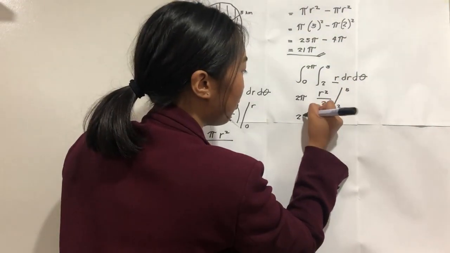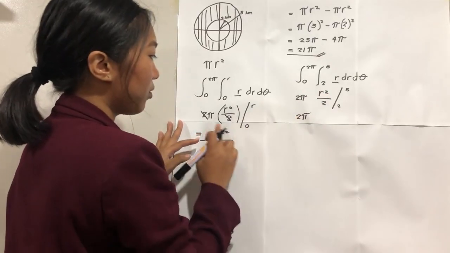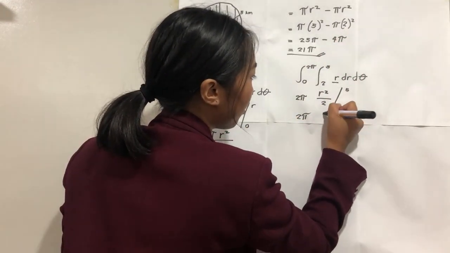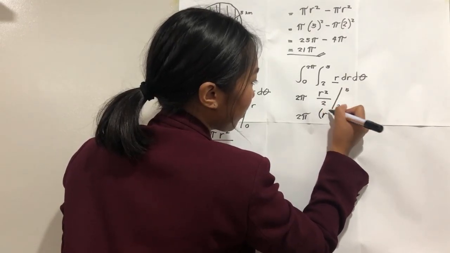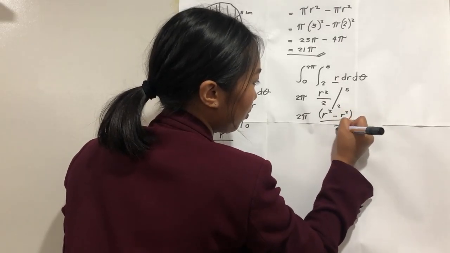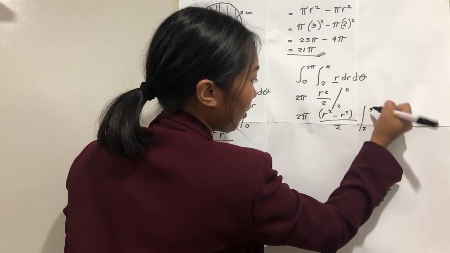So copy 2 pi. Since we have 2 radii, we're going to do the same thing here: r squared over 2 evaluated from 2 to 5.